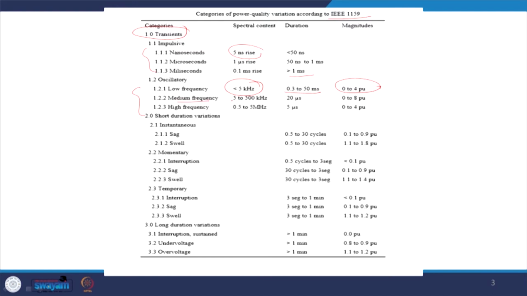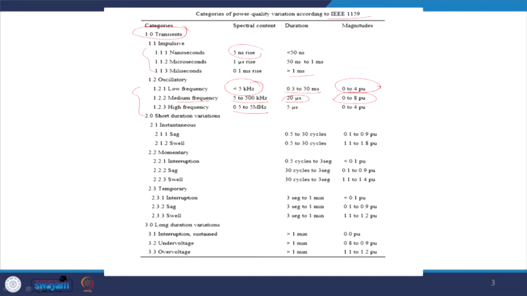Medium frequency ranges from 50 to 500 kilohertz, and the duration will be a little shorter, around 20 microseconds, but its magnitude can be higher, it can be 8 per unit, that means 800% higher.